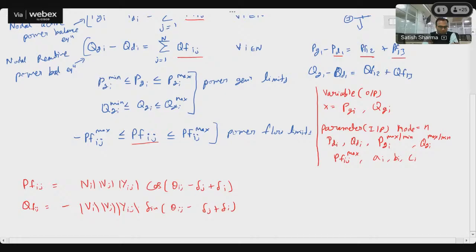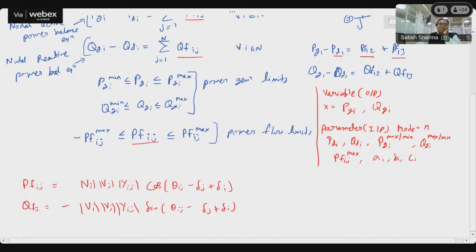Now what happens here? Once we have defined these values, I can use these two formulas and put them instead of QFIJ and PFIJ above. Once I use them, I have to provide certain more information. You can see Vi, Vj, Yij, theta ij, delta j and delta i are also now part of our optimization program.